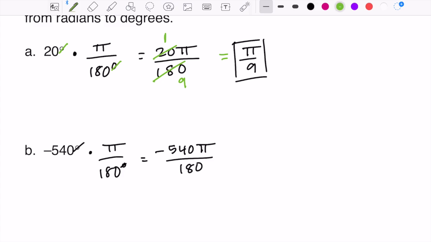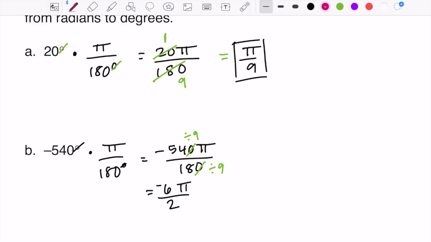And then obviously you guys probably know at this point that zeros cancel each other out. But then how many times does 9 go into 54? So if I divide by 9, I get negative 54 divided by 9 is negative 6, and 18 divided by 9 is 2.